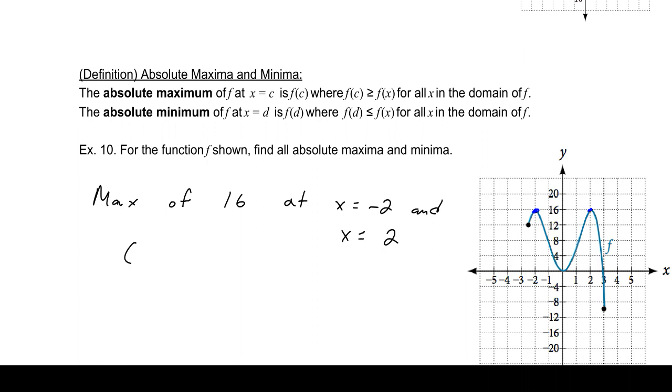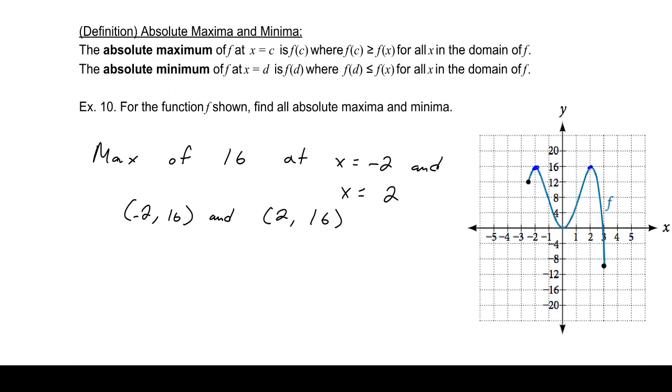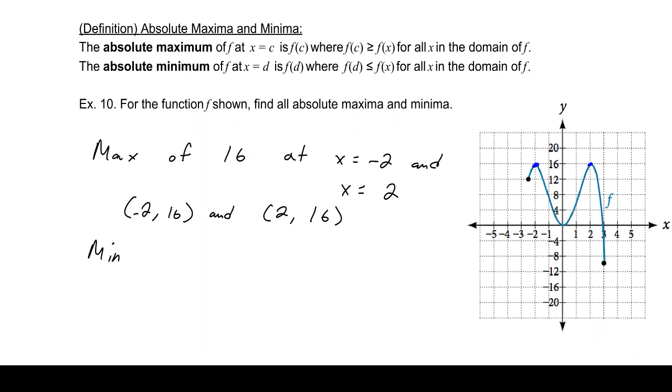That is the point negative 2, 16 and the point 2, 16. And we have a minimum, and let me go ahead and say absolute maximum and absolute minimum.